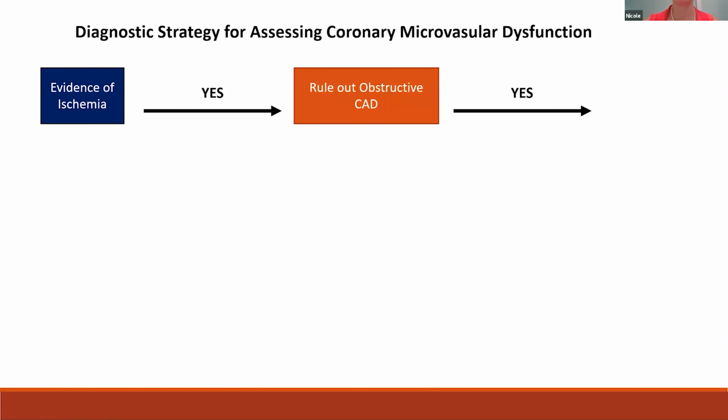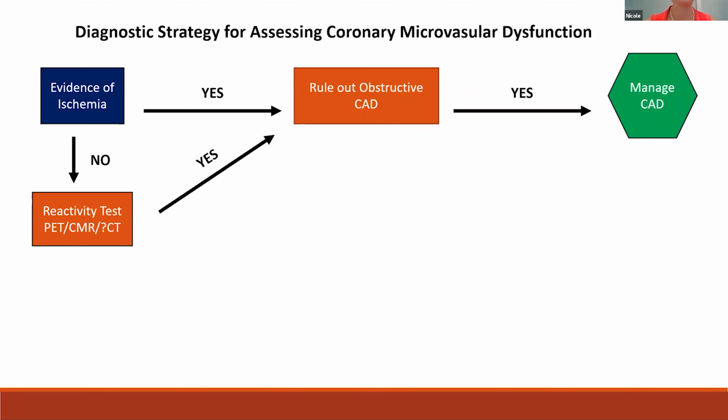How would we diagnose this? If there's evidence of ischemia, what you'd want to do is your standard workup for CAD. Rule out obstruction, and if it's there, treat. If you don't have evidence of ischemia, then I would recommend using one of the PET or CMR tests that I alluded to earlier.